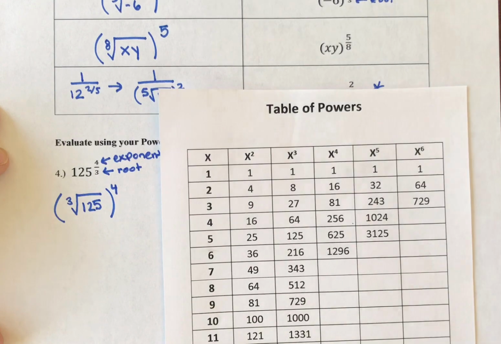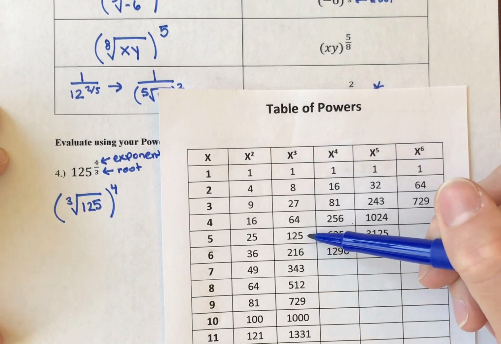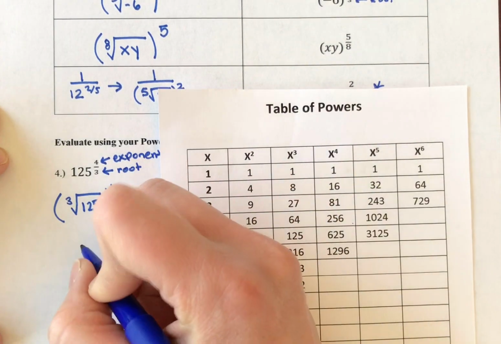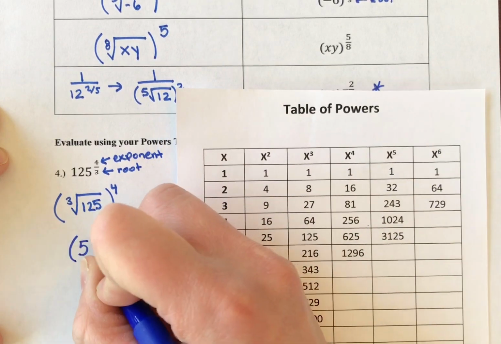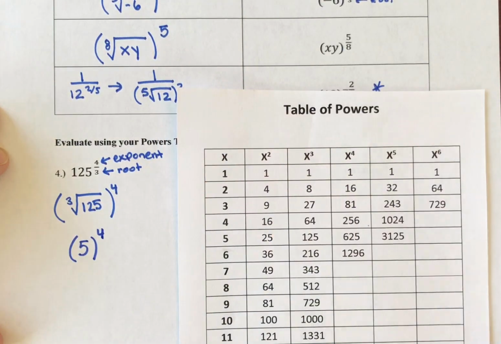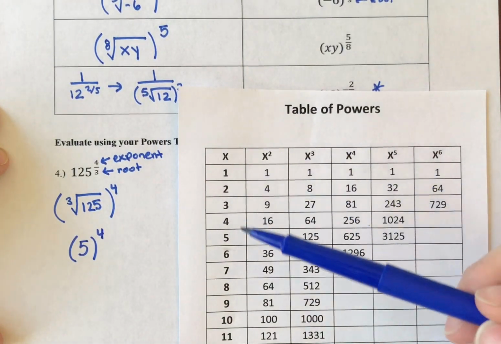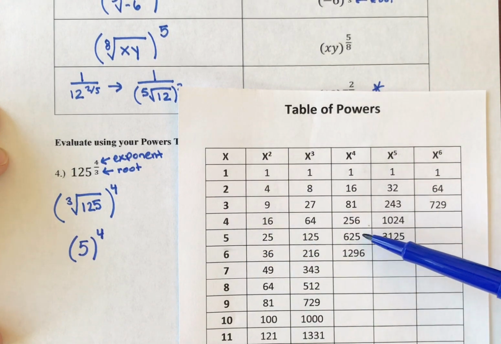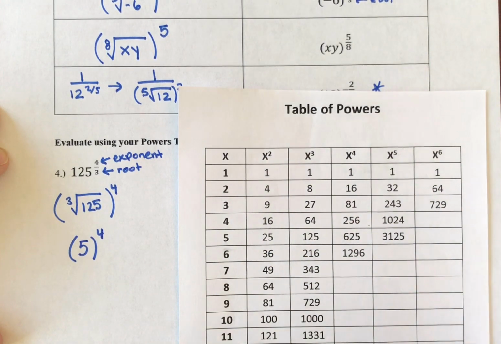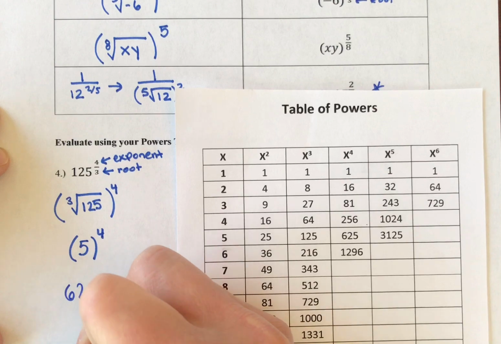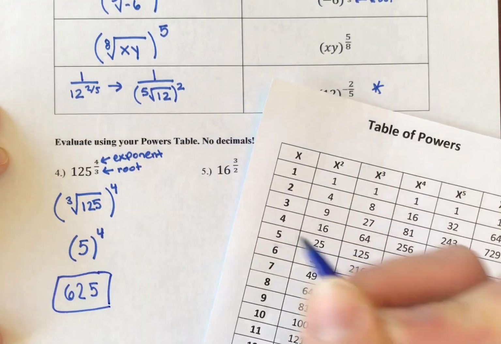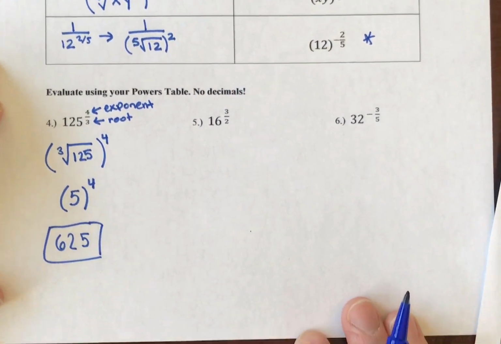Inside, I want to find the cube root of 125. So the cube root of 125 is 5. But we're not done because I still have to do 5 to the 4th power. So 5 to the 4th power is 625.